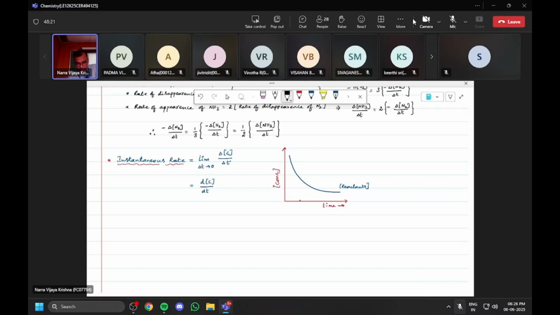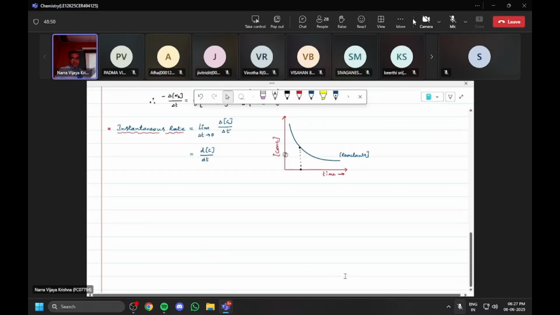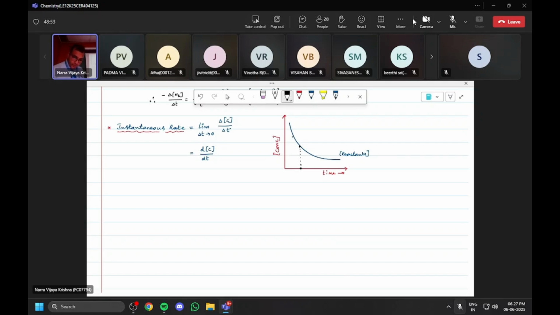I am taking exactly at this time. Delta t tends to 0 means what is the gap between T2 and T1? Both points become a single point now. Correct or not? The difference between these 2 points is approaching 0, so now both points become a single point. Correct? So at that single point, we need to find the rate. Clear? So how to find it? Just draw a slope.